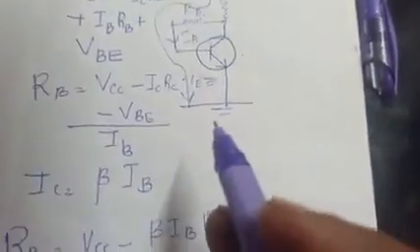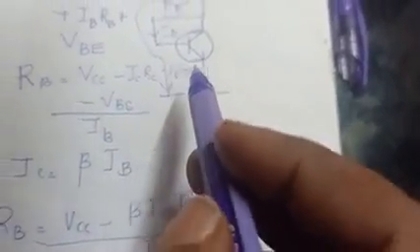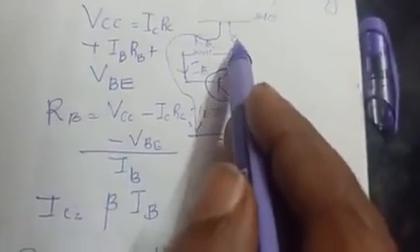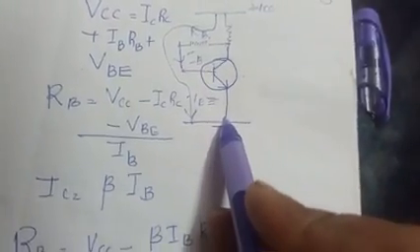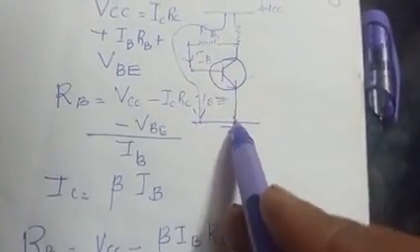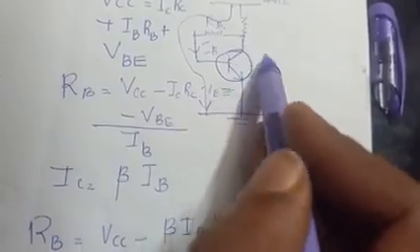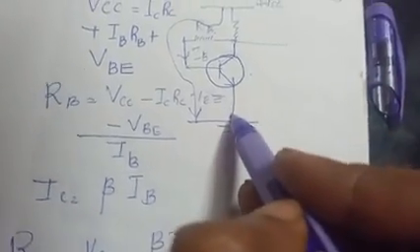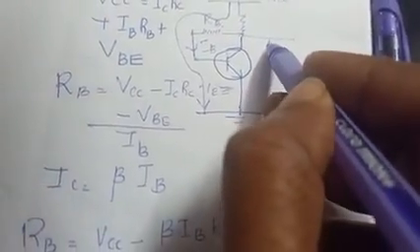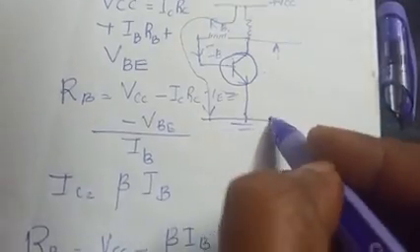We can go for an alternative method also. That is VCE, the collector emitter voltage. VCE is equal to VBE plus VCB. This is the collector emitter voltage, this much from here to here.